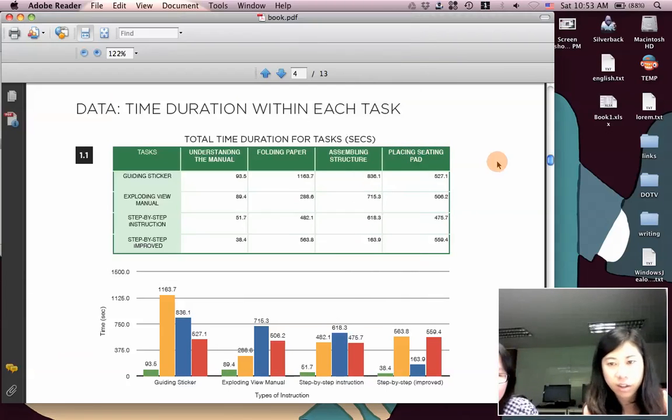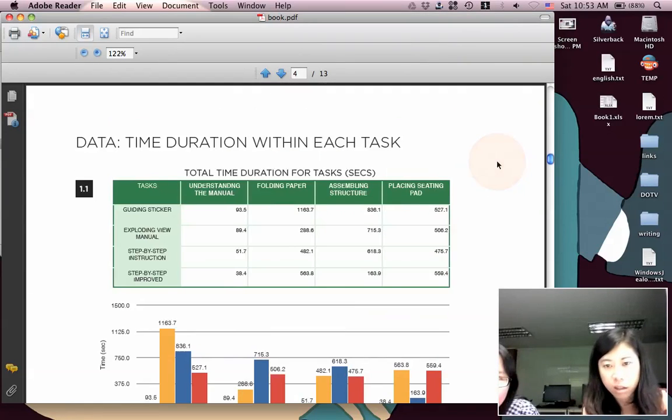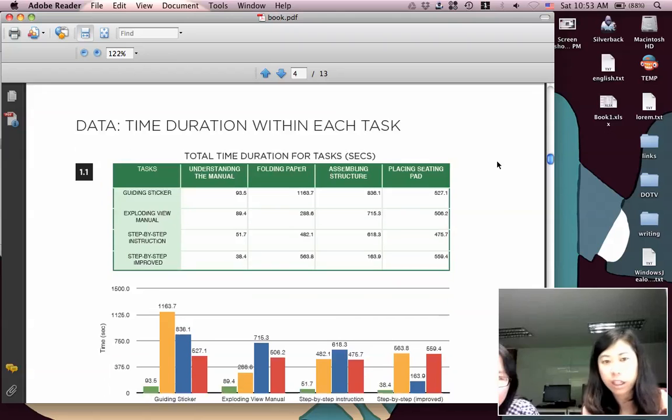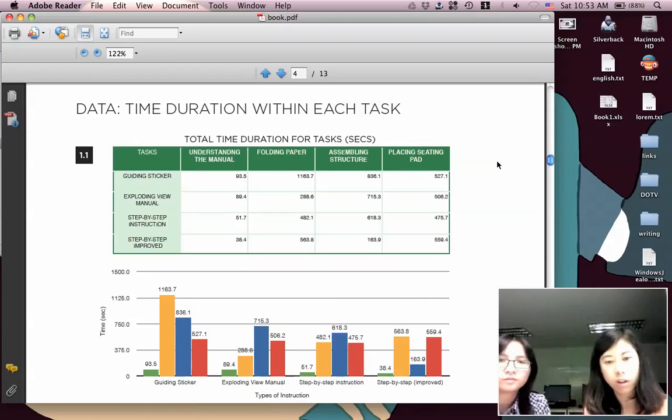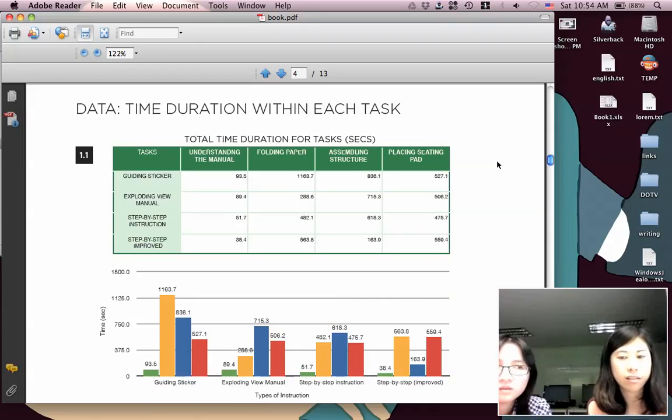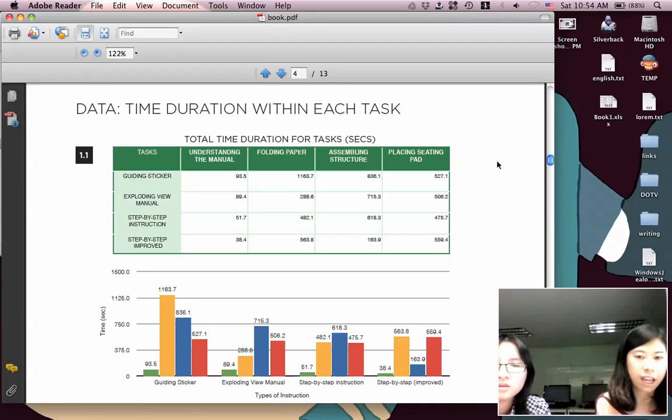Okay, so here we analyze the data we gained from looking at the video. We look at the time duration for each task, which we separated into 4 tasks. The first one is understanding the manual, and the second one is folding paper, which is folding piece A and piece B. The third one is assembling the structure, inserting piece A and piece B together.